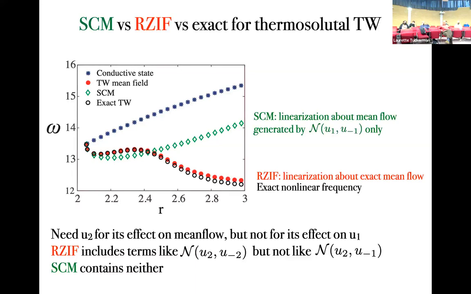But RZIF has a full mean flow, so it has terms like 2 and minus 2. 2 minus 2 makes 0, so it contributes to the mean flow. So we can't just drop U2, say bye-bye U2. We need this term here, it would seem. We didn't need it here, but we need it here. So it's not enough to say drop this mode. You have to say drop this mode in this interaction, it would seem.